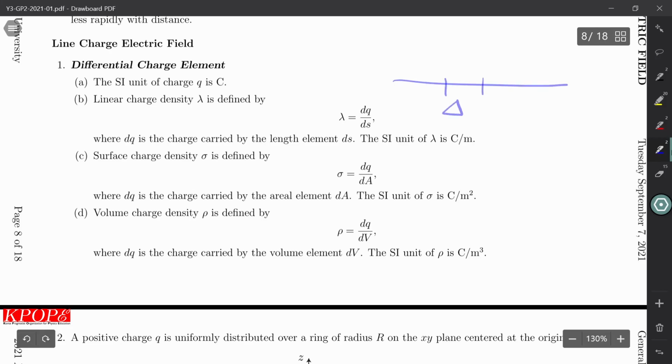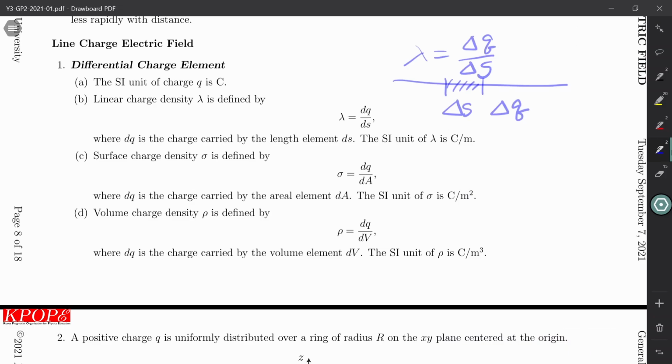Delta S, the length. If the delta S contains a charge delta Q, then lambda equals delta Q over delta S, charge per unit length, is constant. It does not have to be constant, but for simplicity, we consider constant linear charge density.